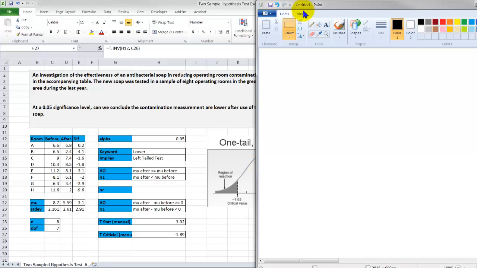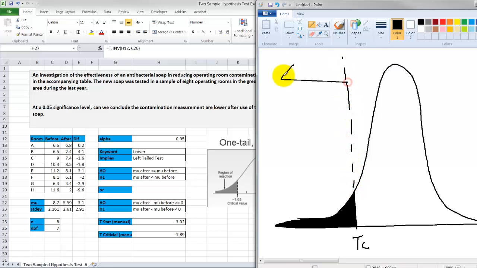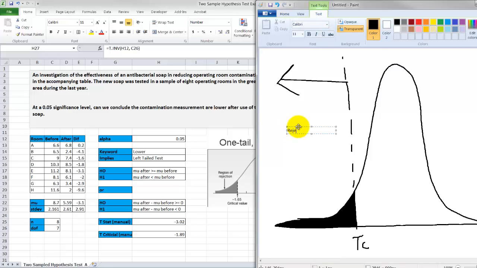Let's go ahead and draw this out so we can make a conclusion similar to what we have done prior. We have a normal distribution. We have a left-tailed test. Our T-critical is here. Our critical region is here. To the left of this, we're going to reject the null statement. If we're talking about over here, we're going to fail to reject null.